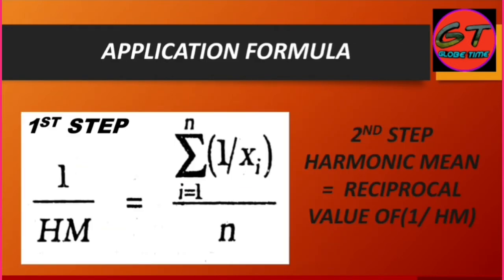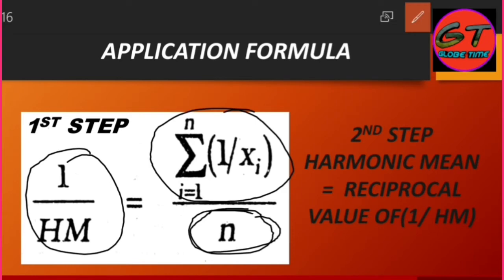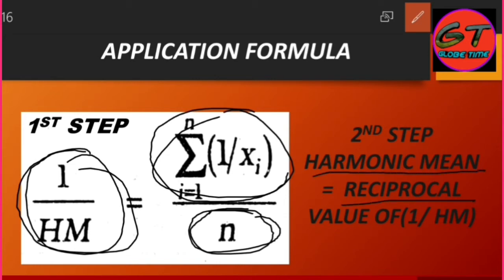But for the purpose of easy calculation, the steps are divided into two parts. First step: 1 by harmonic mean equals summation 1 by x by n. And second step: harmonic mean equals the reciprocal value of 1 by harmonic mean.